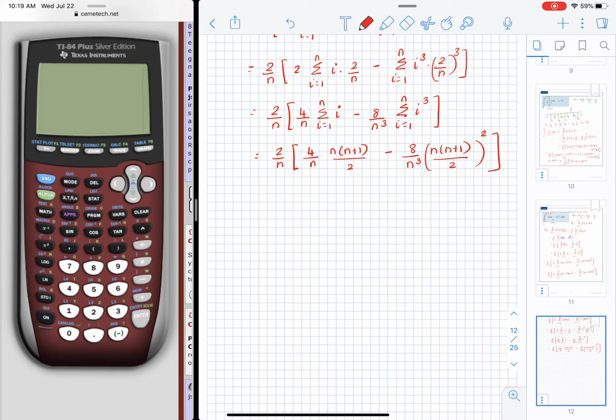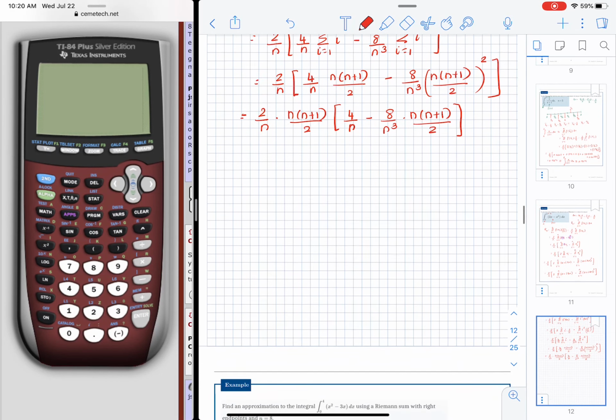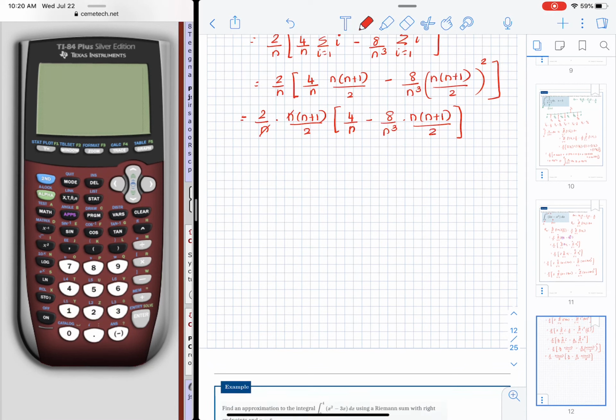We have n times n plus 1 over 2 in common, so 2 over n times n plus 1 over 2 multiplied by 4 over n, minus 8 over n cubed times n plus 1 divided by 2. So the n's would get cancelled, the 2 would get cancelled.